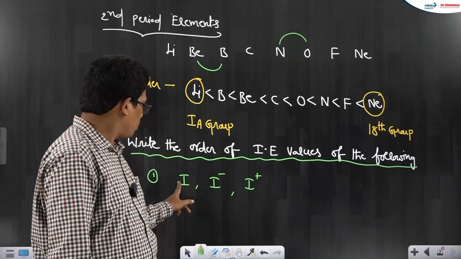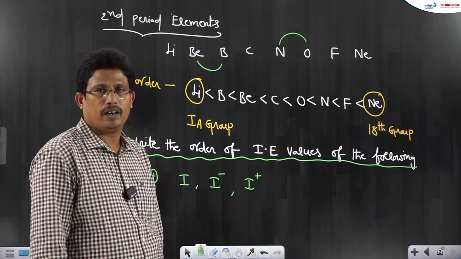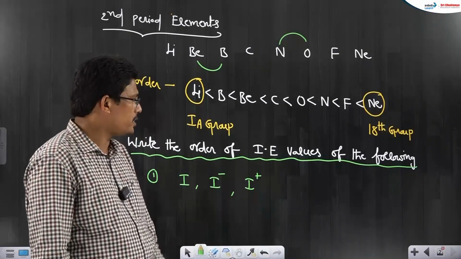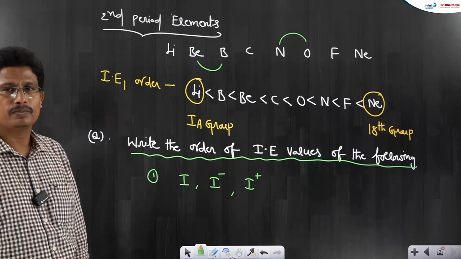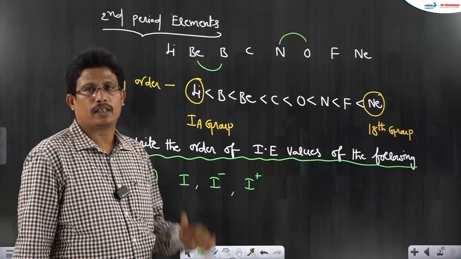Iodine, neutral atom, anion and cation. Write the correct ionization energy value order based on the above factors.